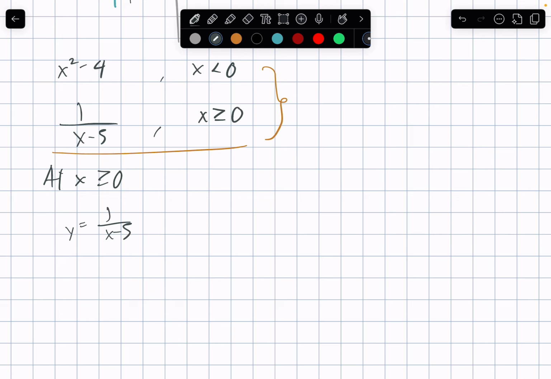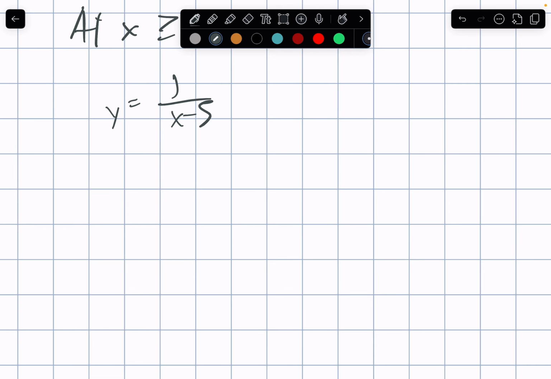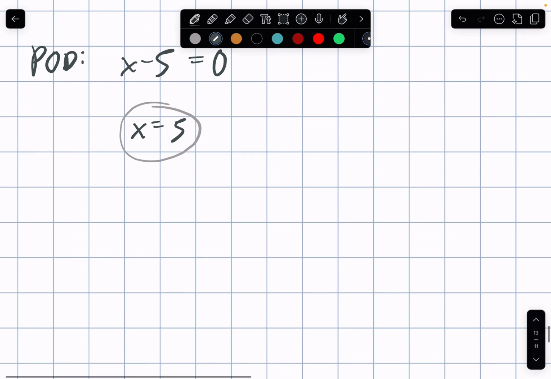We always use the fraction when we want to identify the points of discontinuity, not the polynomial one. So again, copy the denominator, equate it to 0. So that is our point of discontinuity.